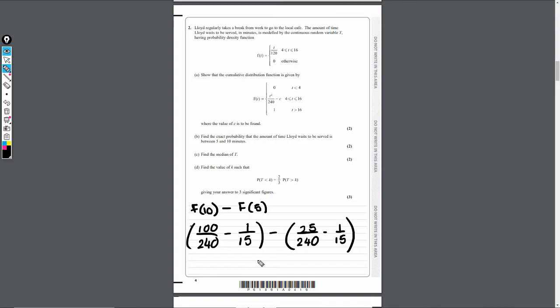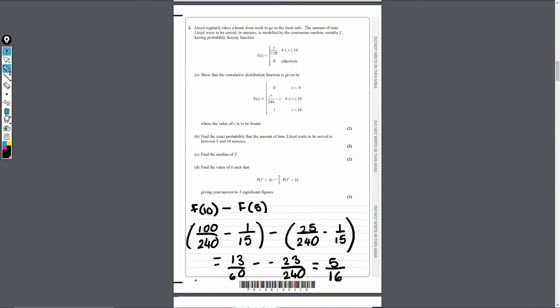Now put this in on your calculator and you'll get 13 over 60 minus 23 over 240. If you evaluate this, what you get is 5 over 16. So that's the exact probability that the amount of time Lloyd waits to be served is between 5 and 10 minutes, so 5 over 16.